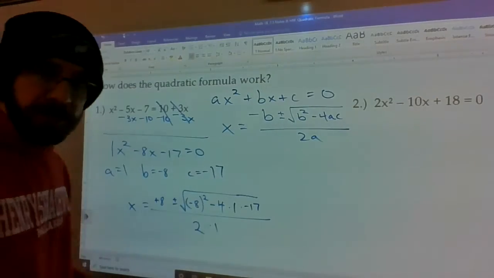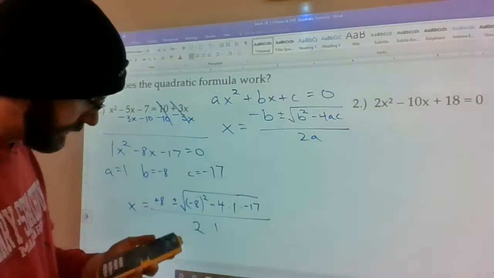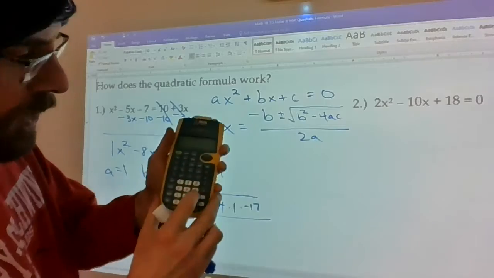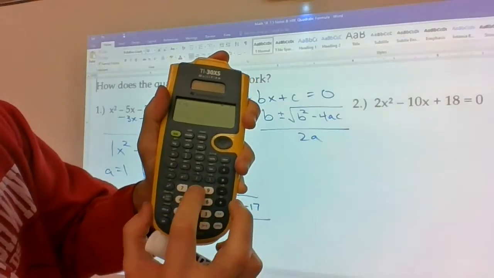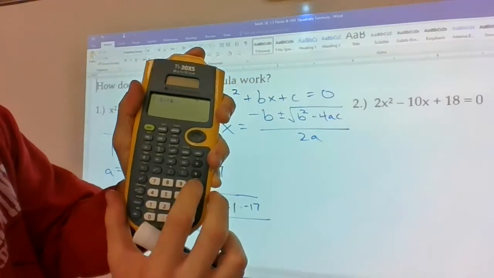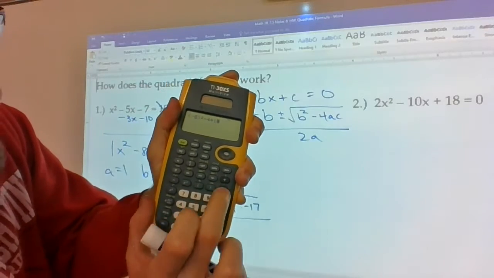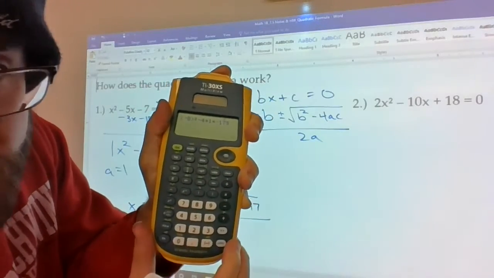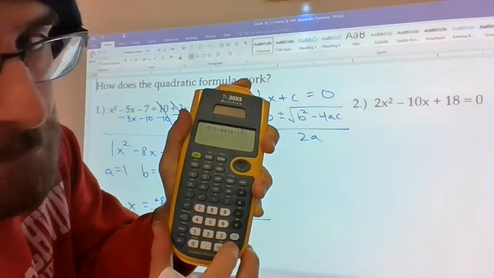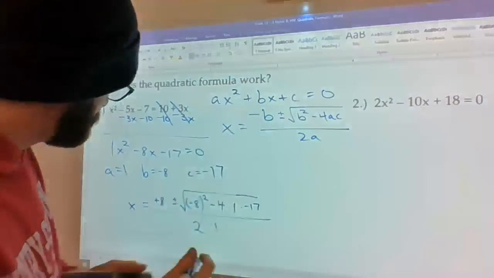All right, and then you let the calculator carry the burden. All right, so I'm going to go parentheses, negative 8, square it, minus 4 times 1 times negative 17. Make sure you keep track of your positives and negatives, folks. 132.